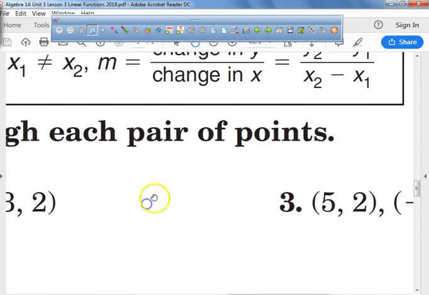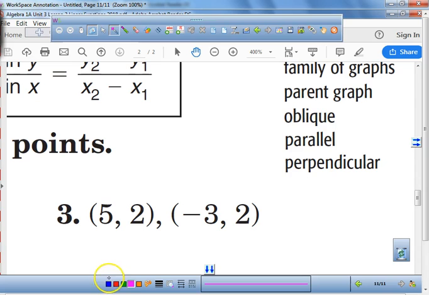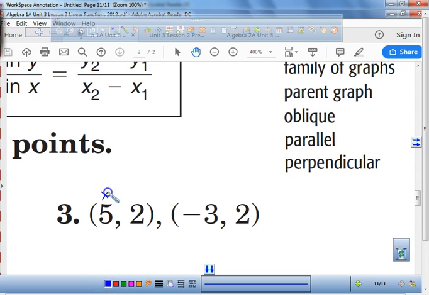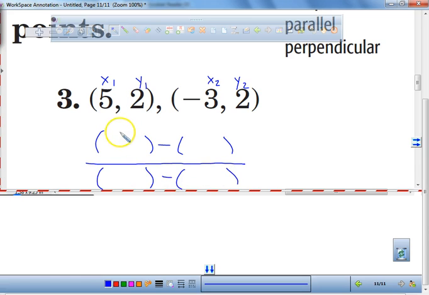Alright, we're going to go ahead and do problem number 3 right here. Show you what happens. We have x1, y1, x2, y2. We're going to set it up once again the exact same way. y2, y1, x2, x1.